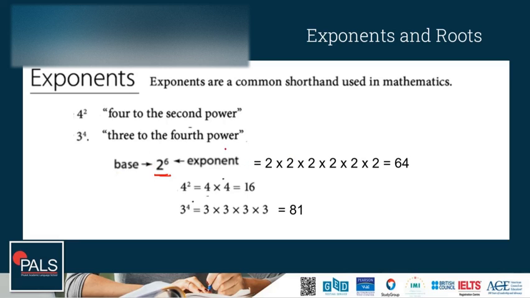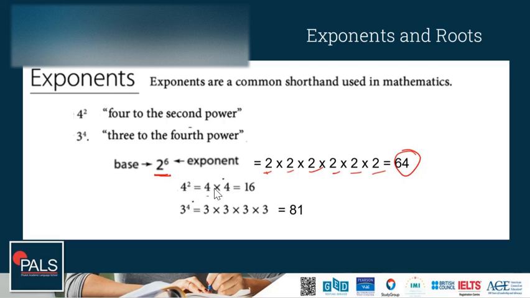Since the exponent is 6, we are going to multiply 2 six times. 1, 2, 3, 4, 5, 6. 2 times 2 is 4, times 2 is 8, times 2 is 16, times 2 is 32, times 2 is 64.